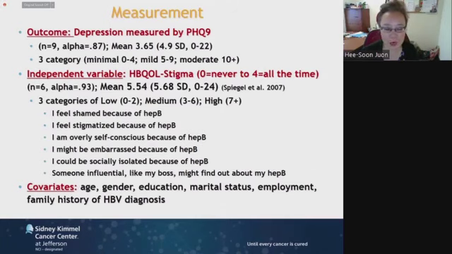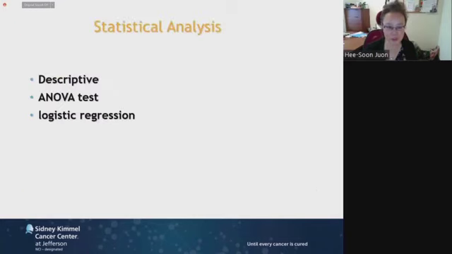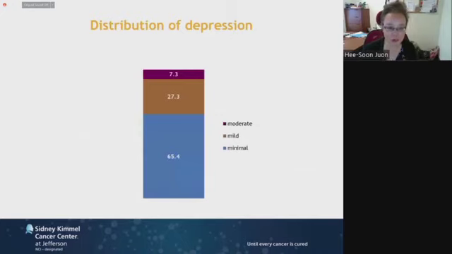And for the control variables, we're using age, gender, education, marital status, employment, and family history of Hep B diagnosis. We did descriptive analysis, ANOVA test, and logistic regression analysis.